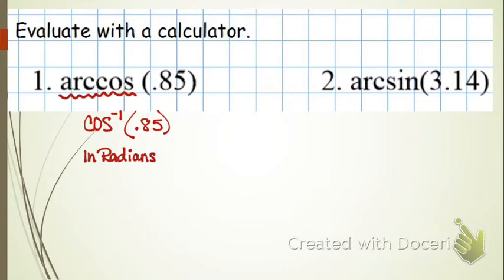And that gives you what in radians? 0.555. 0.5548 something. If you don't know how to get that on your calculator, please raise your hand.